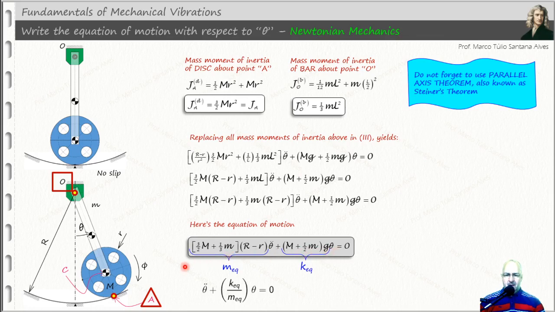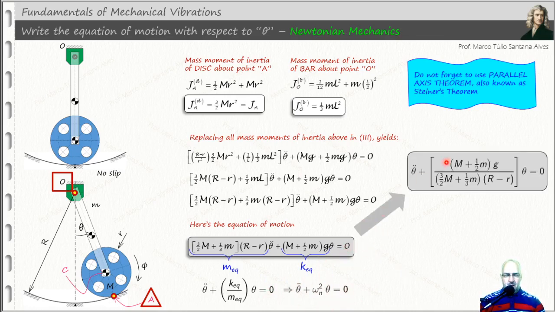So we can rewrite this equation in another fashion. If we divide the whole equation by the equivalent mass, we can obtain another fashion for this equation.